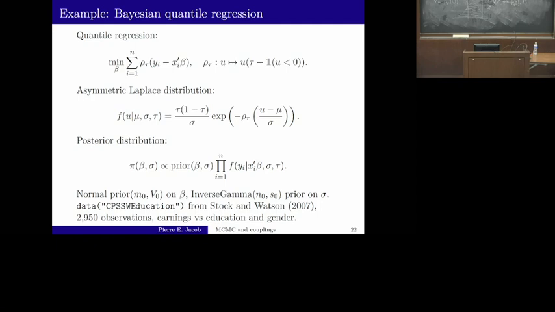So the model would be y_i equals x_i beta plus epsilon_i, and epsilon_i follows this. And so you can look at the posterior distribution. Here it's funny because there's this scale parameter sigma, which was nowhere in the original problem. And they put a prior distribution on that. I don't know if they could have just set this quantity to 1, or if there's a good reason to put a prior, but they put a very flat prior on this. They put a normal prior on beta.